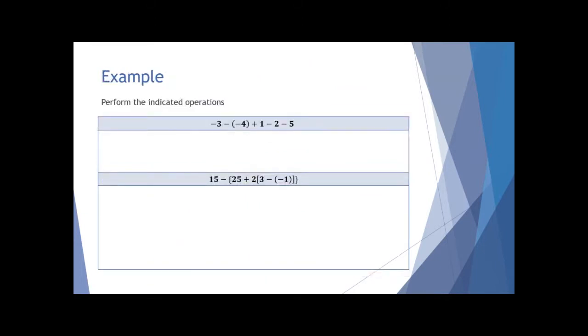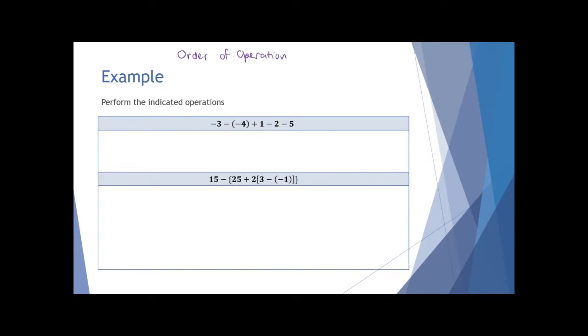Okay, so I wanted to do a couple with the order of operations to show you how this works. Order of operations, I have a video on this in the classroom.